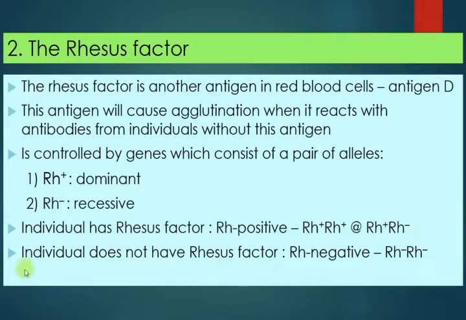Individuals who do not have the rhesus factor we call rhesus negative. There is only one possible genotype for rhesus negative since it is recessive, which is Rh negative Rh negative. So that is referred to as the rhesus factor.